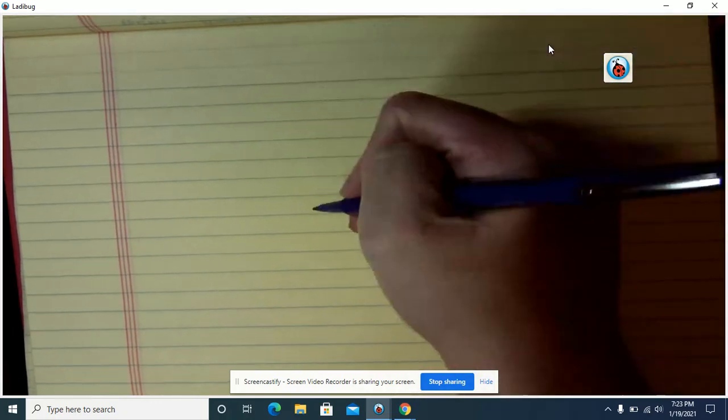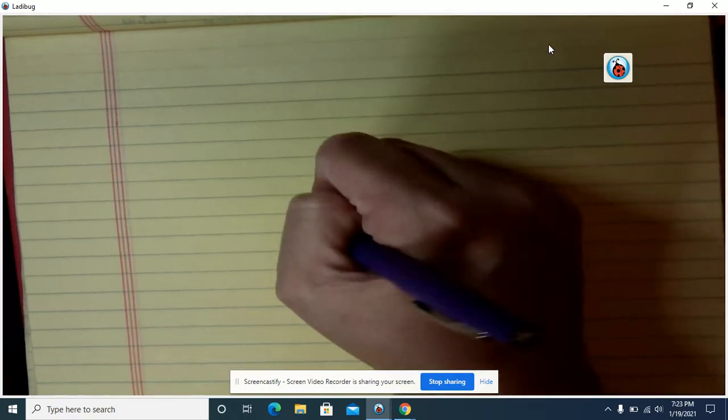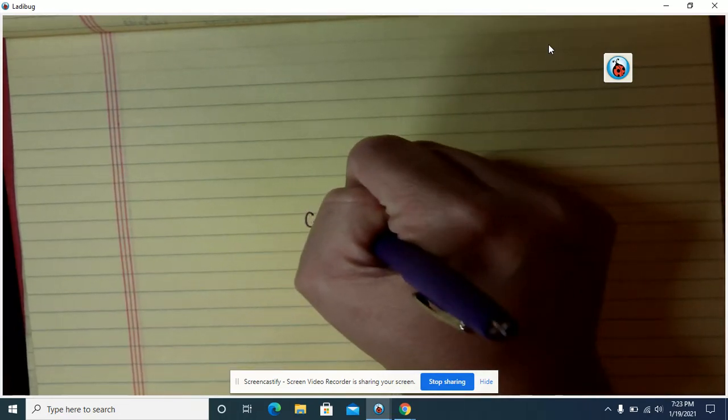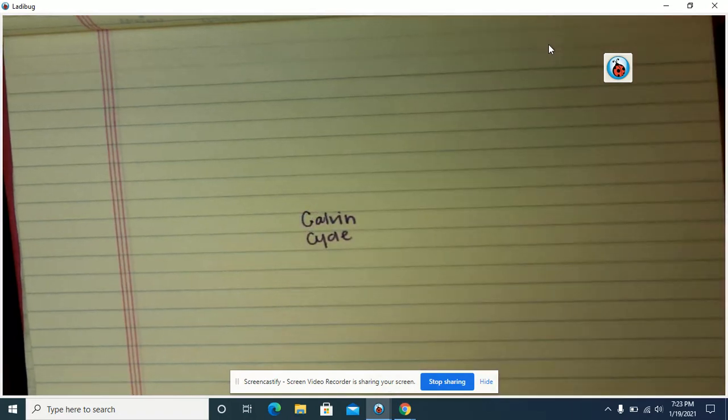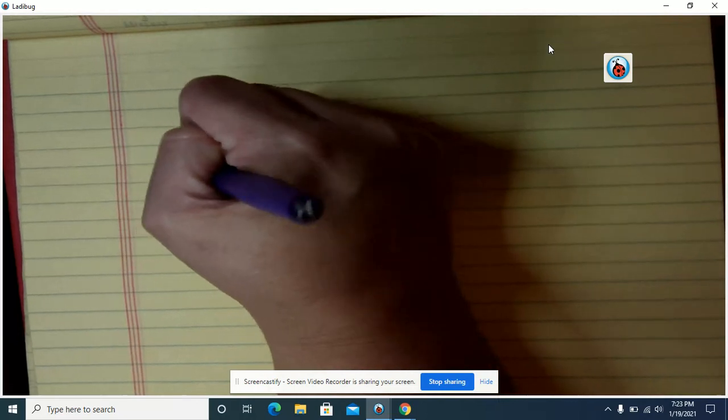So we've got the big Calvin cycle, and we can just label it Calvin cycle here. Okay. And we're going to start with this molecule abbreviated RUBP.